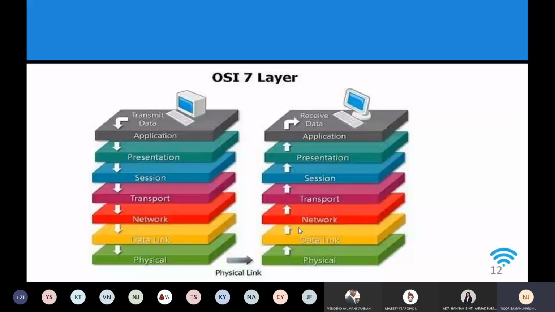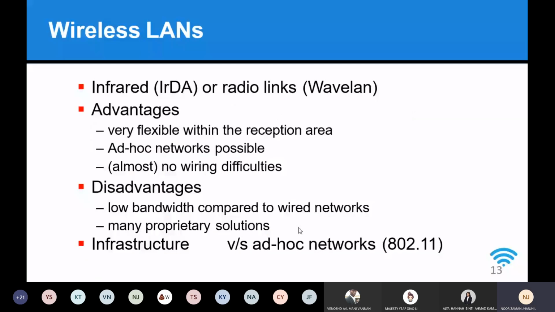Now, further, what are wireless LANs? For example, we use infrared, in short IR, which stands for infrared. IrDA are the radio links. What are the advantages of this? Overall, wireless networks are very flexible. We can form ad hoc networks, and there are no wiring difficulties.